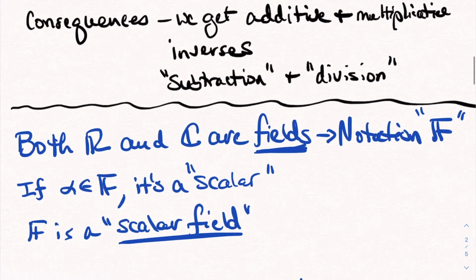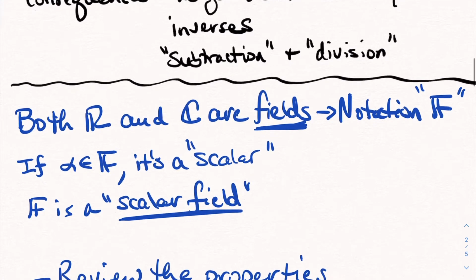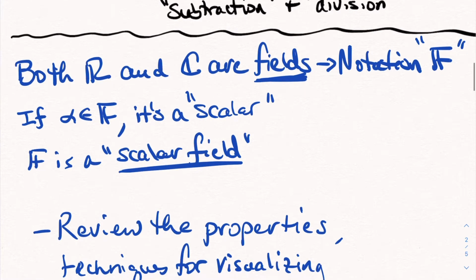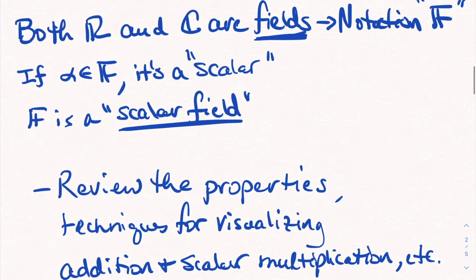One other thing I'll point out to reinforce here is that you know from classes before that R and C are what we call fields. And in this class, we're mostly going to deal with R and C, the real numbers and the complex numbers. Generally, many things are going to be true whether you're working with R or C. And so we're going to call our scalar field F, just like the notation that you see there.